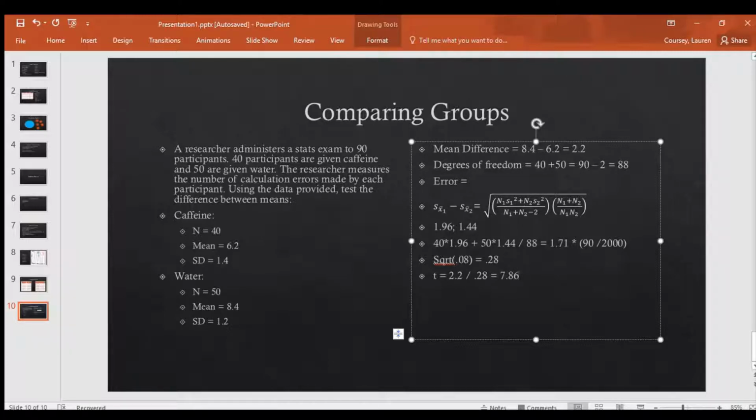Now, we've obtained our t value. We still have to use this obtained t value to test our hypothesis. And so what we're going to do, beginning with this chapter and then carrying throughout the chapters, it'll follow the same basic formula.